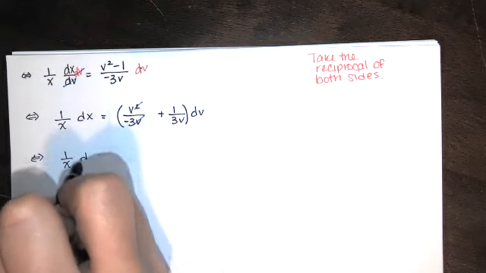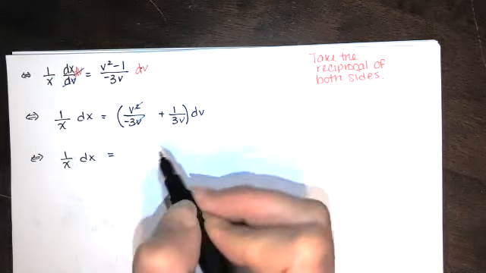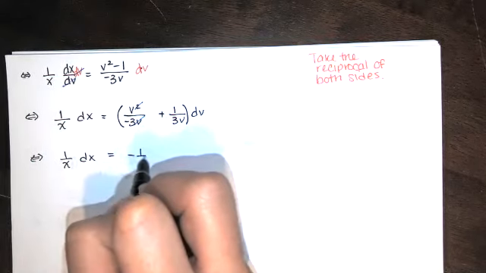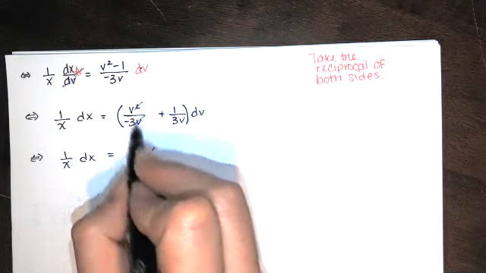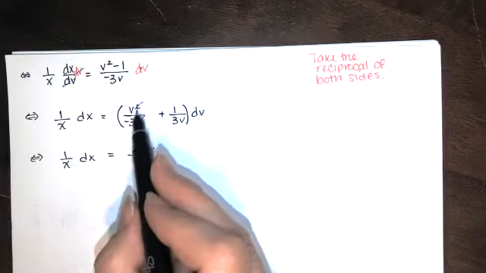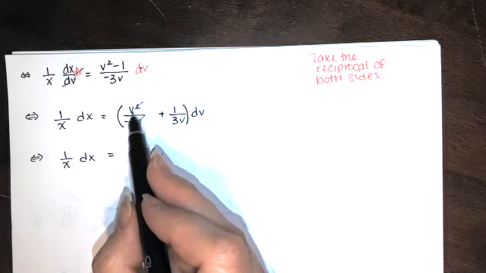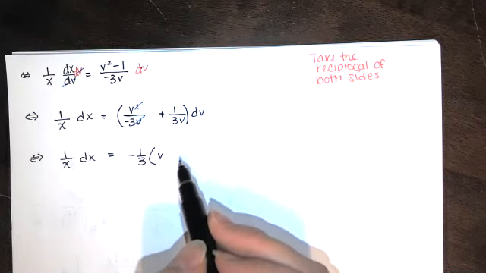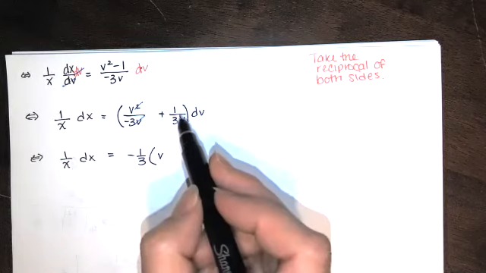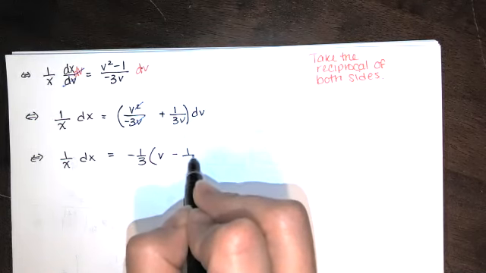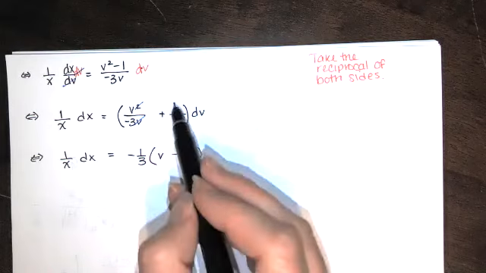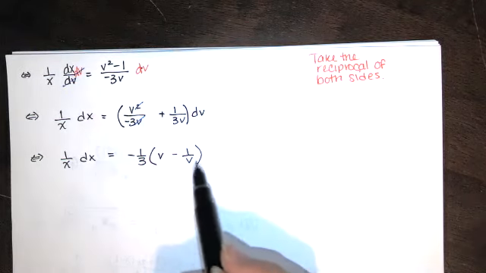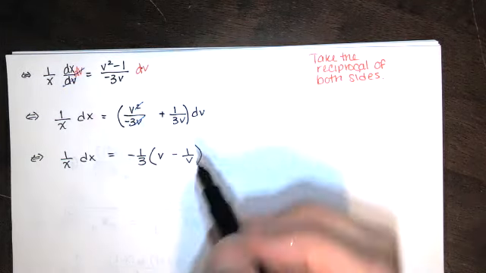And so if we want to, let's factor out a, let's say, negative 1/3. Negative 1/3 times v is going to give me v divided by negative 3. And then over here, negative 1/3 times a negative 1 over v would give me a positive 1 over 3v. If you multiply straight across, you get that.